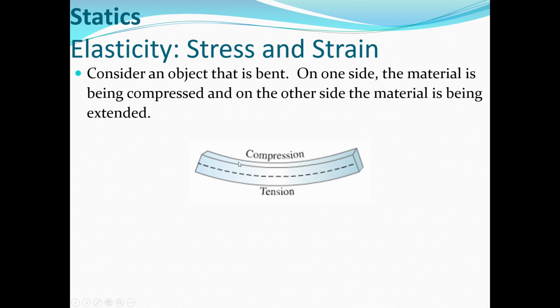Inside, this compression side is not changing its length as much as out here. If this was compressing by, let's say, 0.2 centimeters, then out here it would be 0.3 centimeters. So it would explain why the outer edge of objects tends to experience fracture before the inner side, because even though their Young's modulus is the same, this is going to be stretched longer than this is being compressed.